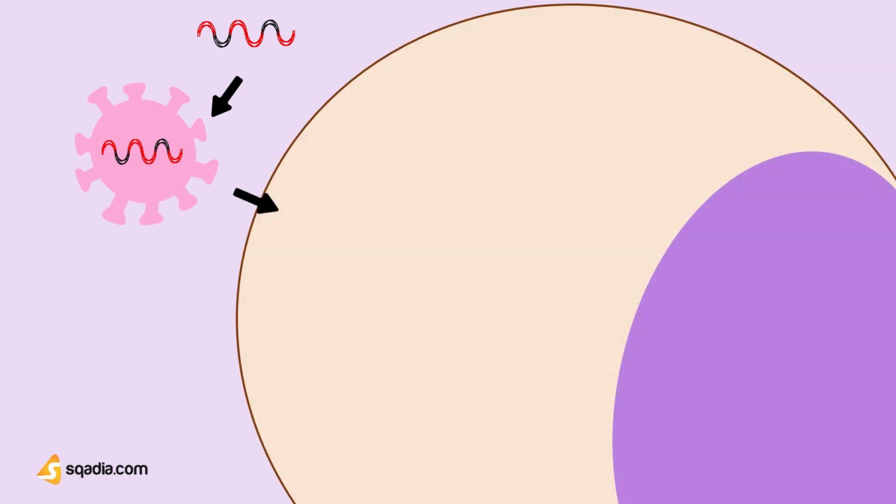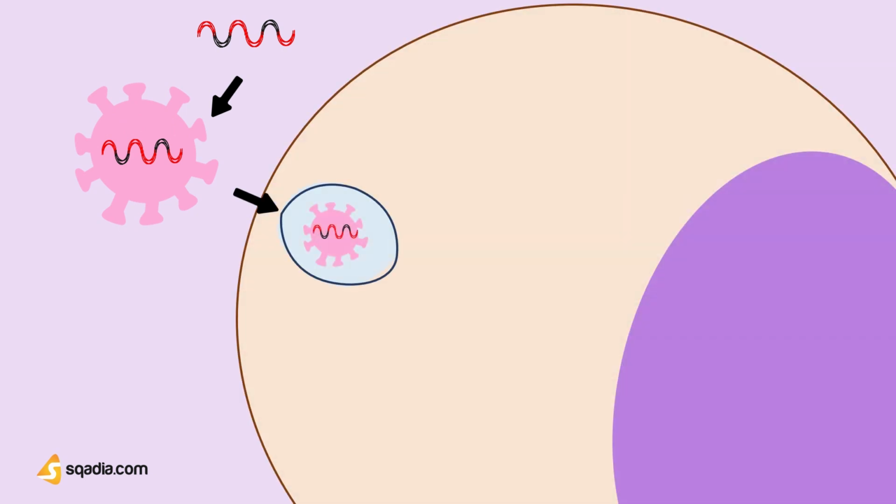Let's take an example of both in vivo gene therapy and ex vivo gene therapy. In case of in vivo, the cells cannot be removed from the patient's body. In indicates inside the body.